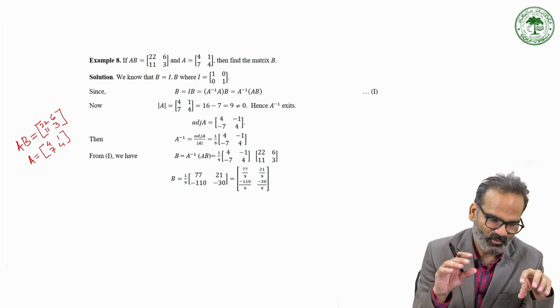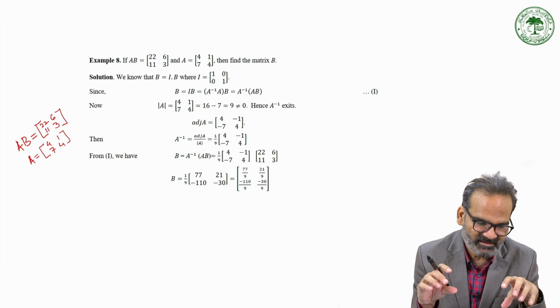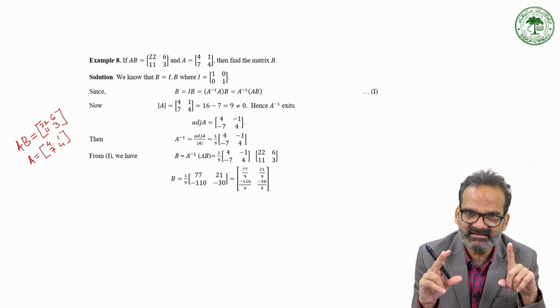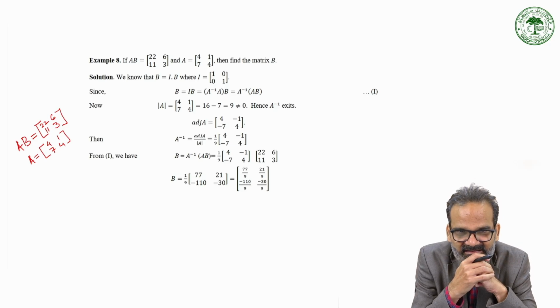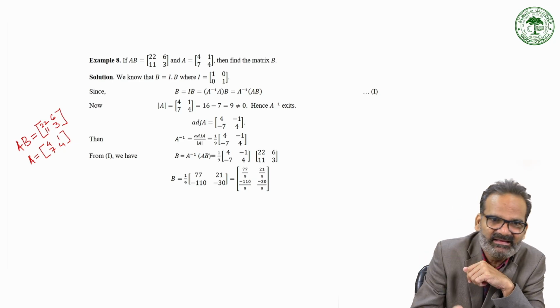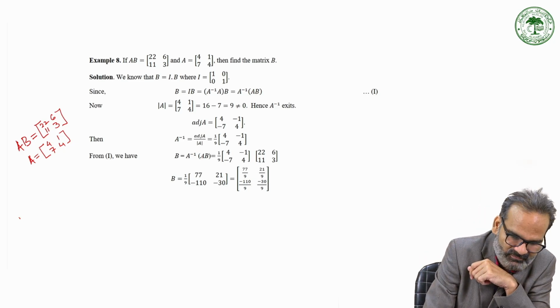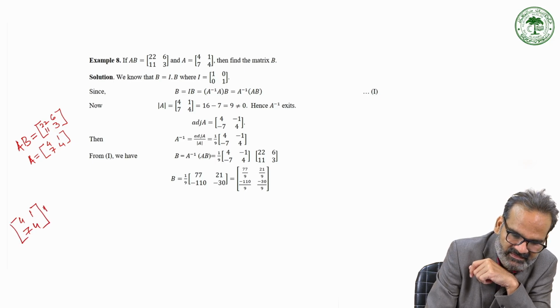Means if the product of A and B is given and out of the product one matrix A is given, then what should be the matrix B, right? Clear? So what does it mean? It simply means if we put the value of the matrix A, that is this 4, 7, 1, 4, this is the matrix A and this is the matrix B, and this is equal to this matrix 22, 11, 1 and 4.